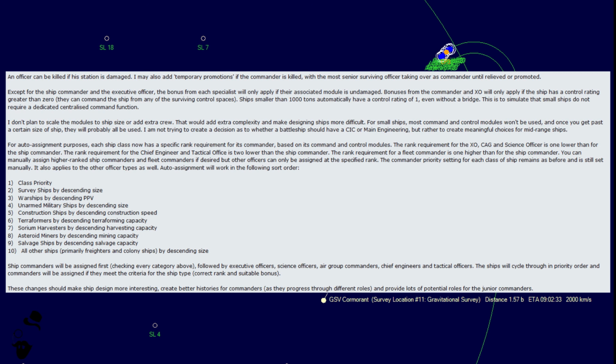Medals are a fantastic thing. We'll cover that in the future when we get to it. But you'll be able to follow these officers as they progress through their career until, of course, their untimely demise at the hands of various alien creatures. But one can hope. And, hey, when they do die, well, that's just another chapter in their story, isn't it? Even if it is the last one.